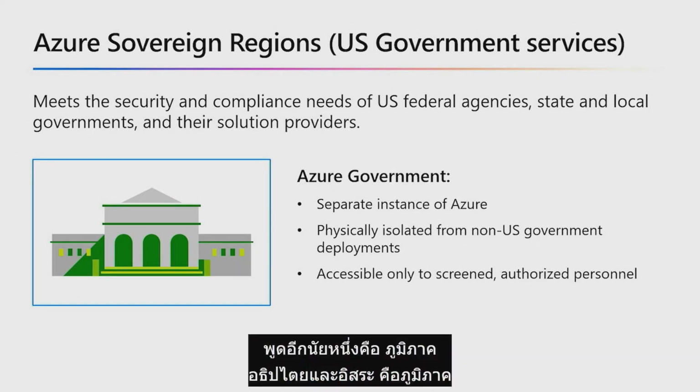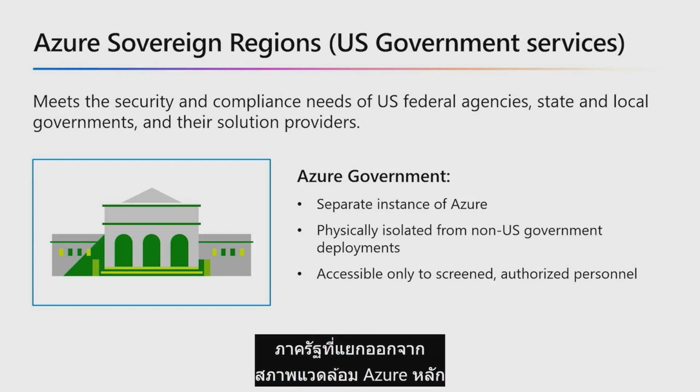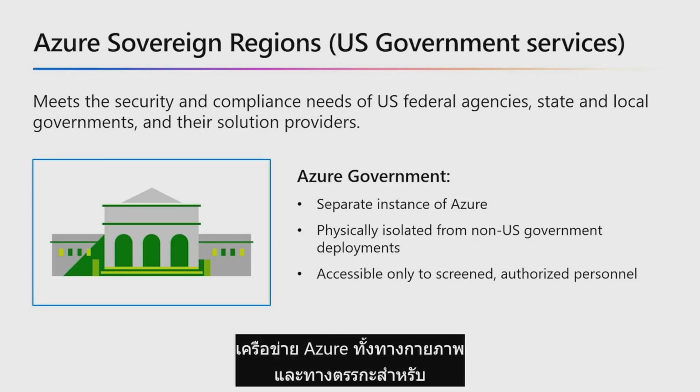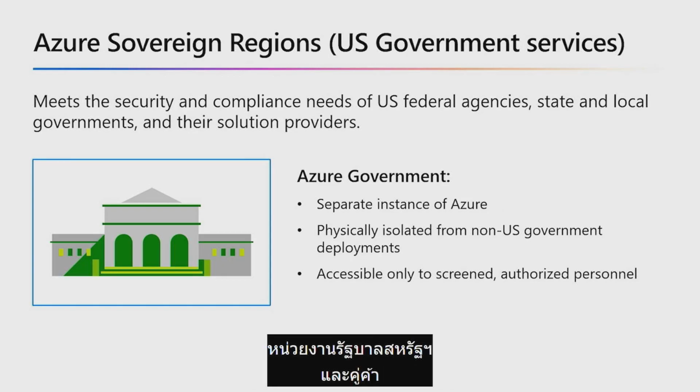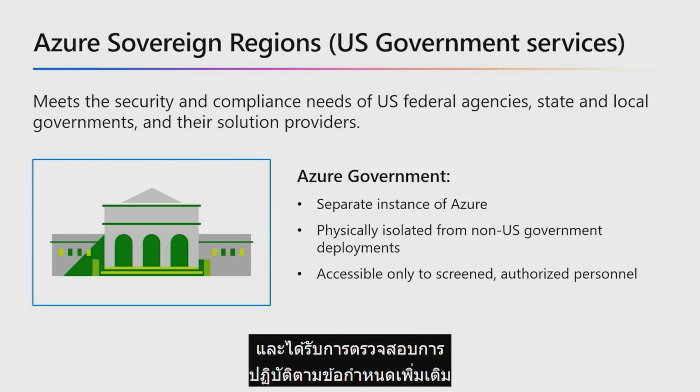In other words, sovereign and independent regions are Azure regions dedicated to government entities, isolated from the main Azure environment. Azure Government regions in the United States are physically and logically isolated from Azure networks for US government agencies and their partners. These data centers are operated by US citizens and undergo additional compliance checks.